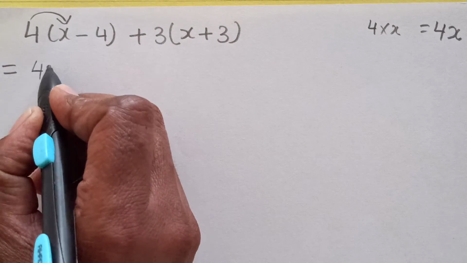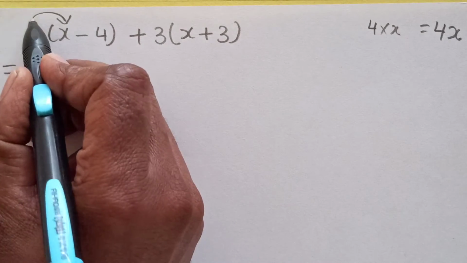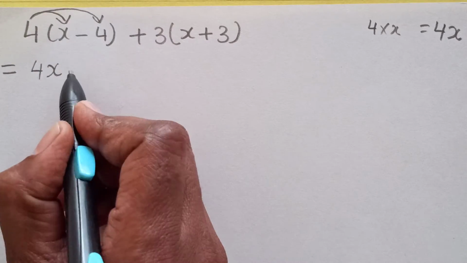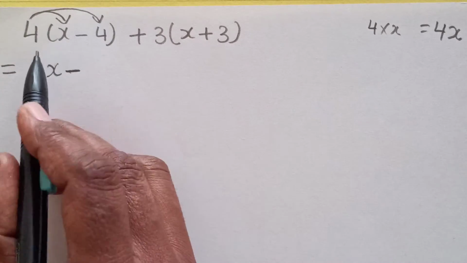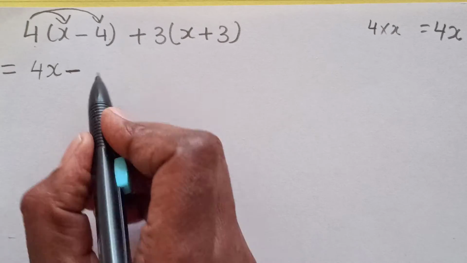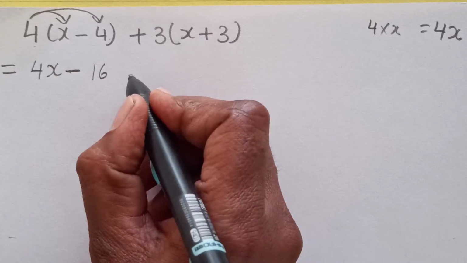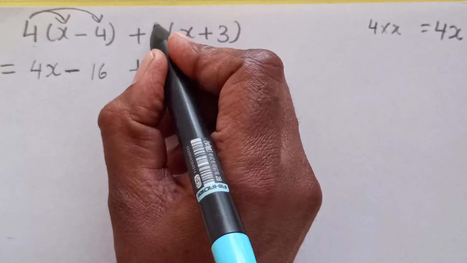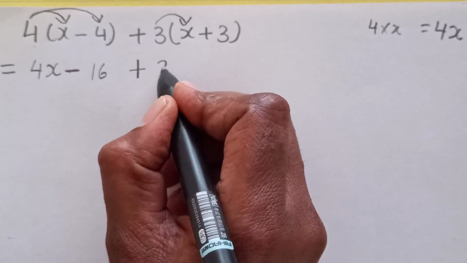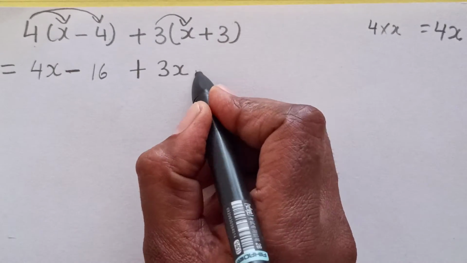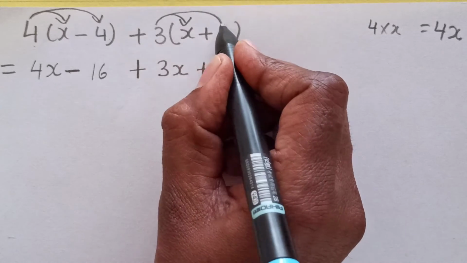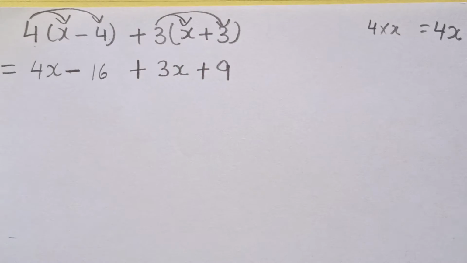So here we will put 4x. Then you have negative sign here, negative. Then we have 4 times 4, which is 16. Then plus 3 times x, 3x. We have plus sign again. 3 times 3 is 9.